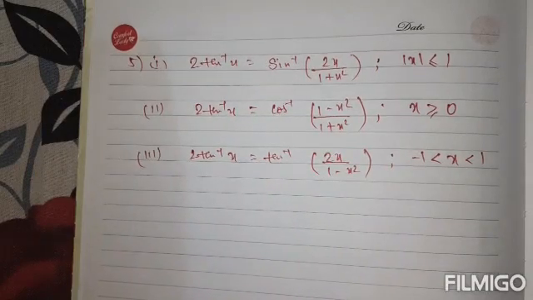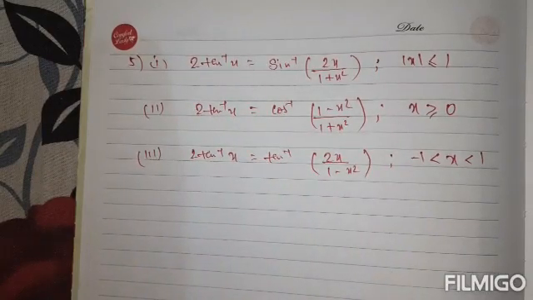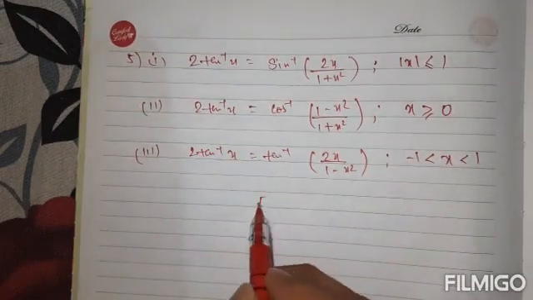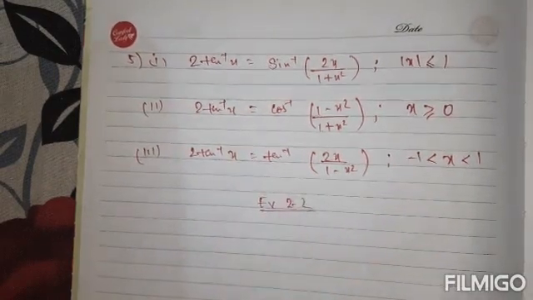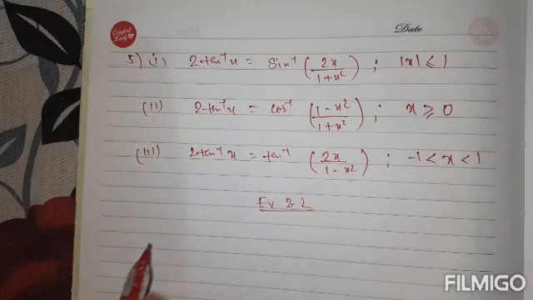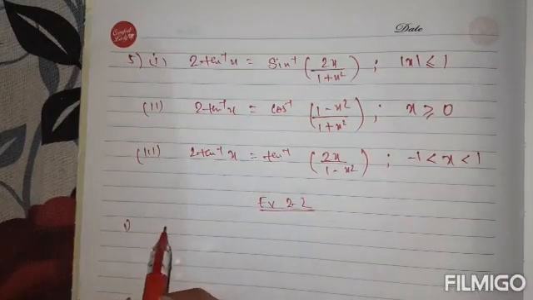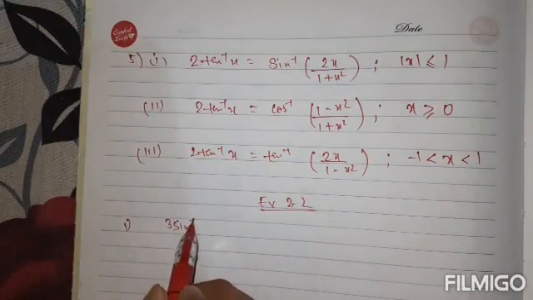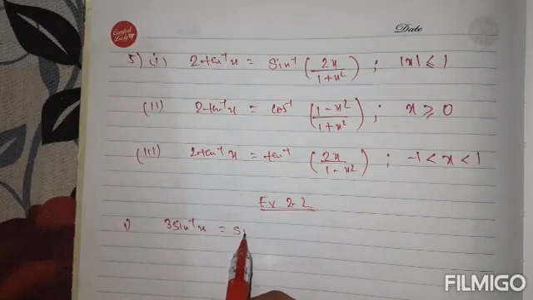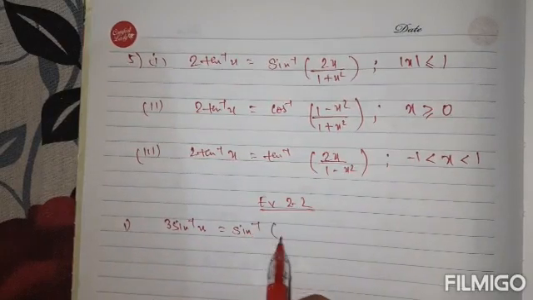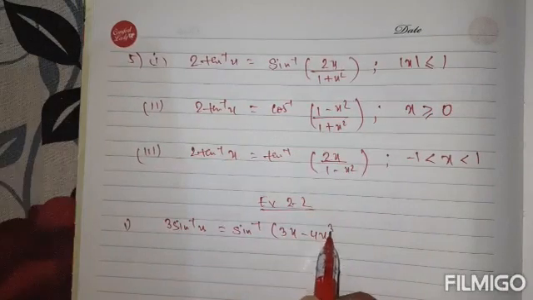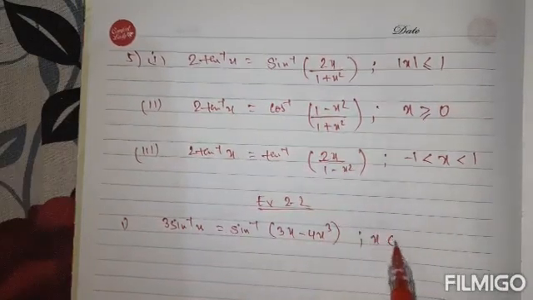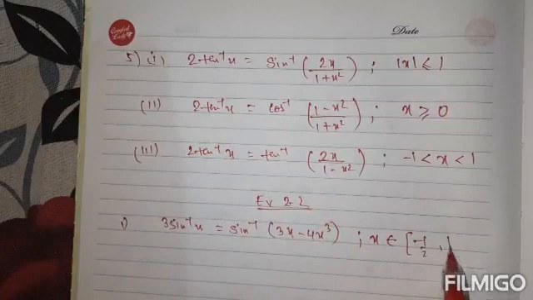Overall this chapter is very easy, and now we can start our exercise 2.2. This exercise contains the first question: 3 sine inverse x is equal to sine inverse of 3x minus 4x cube, for x belongs to minus 1 by 2 to 1 by 2.